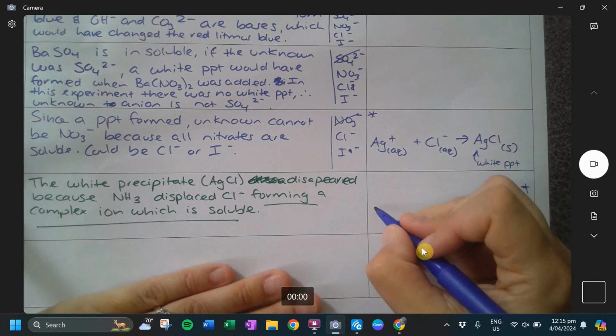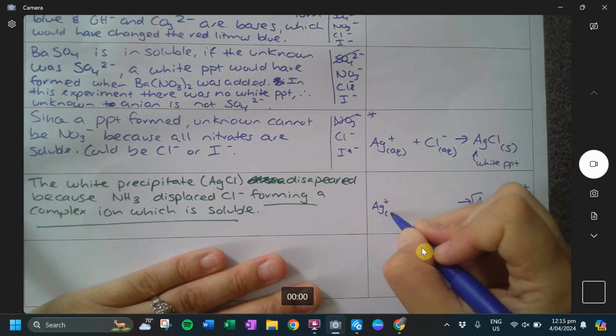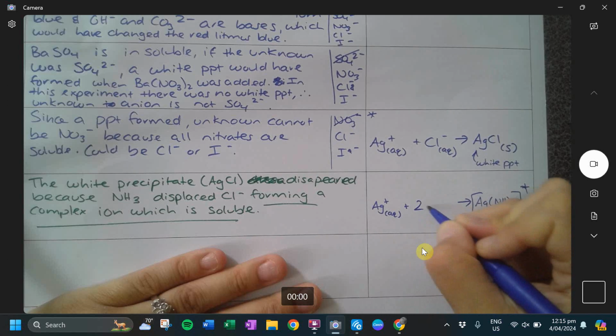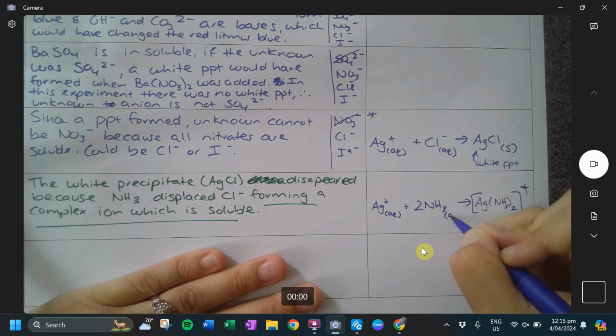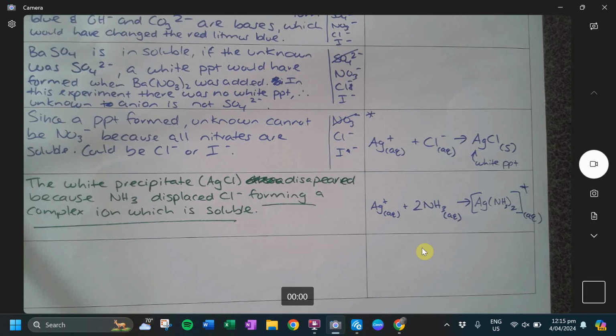And in order to make that, I had silver plus 2 ammonias. And that's that equation done. Start with the end product, work backwards. Don't overcomplicate it. Aqueous. And that's it.